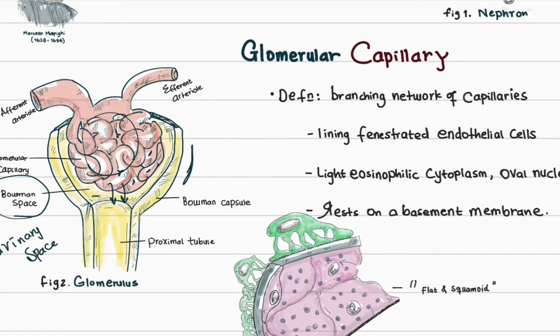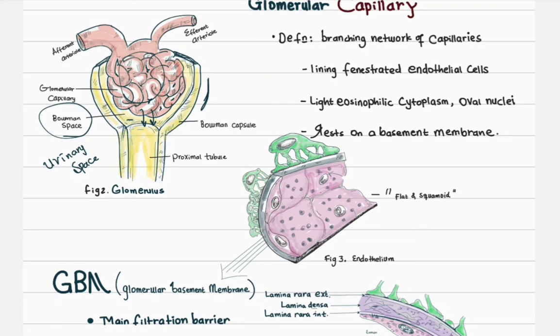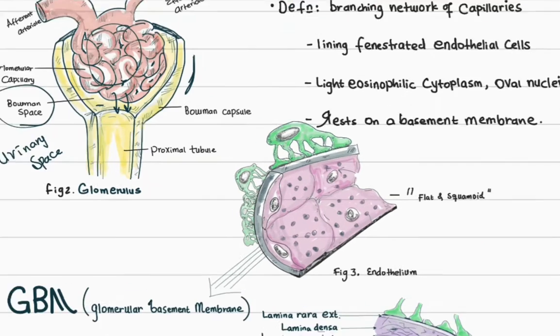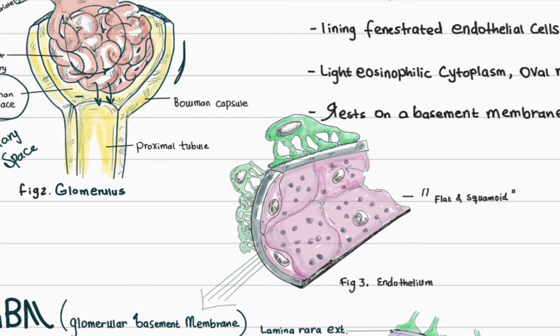When we look close up, the glomerular capillary is made up of lining cells called endothelial cells. These are flat, or squamoid, and have fenestrae, which are small pore-like openings found on the surface membrane.